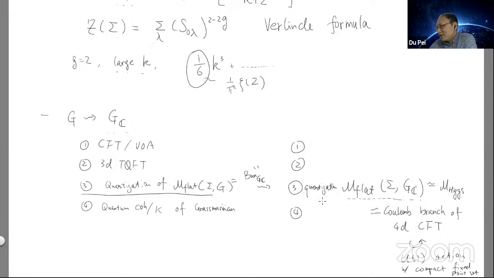And one can actually obtain an infinite dimensional Hilbert space, but it also has this U(1) action with finite dimensional graded pieces.